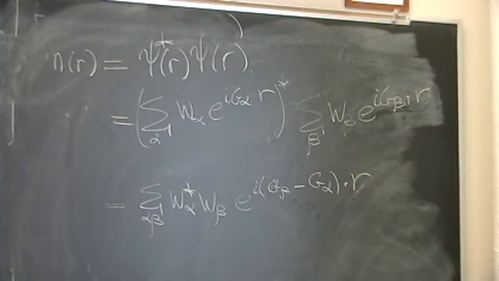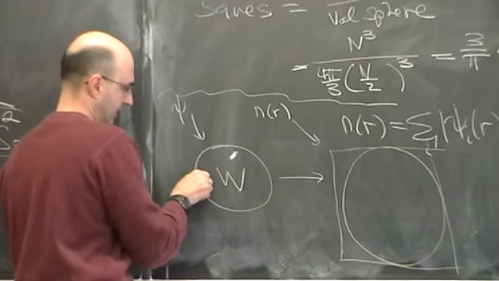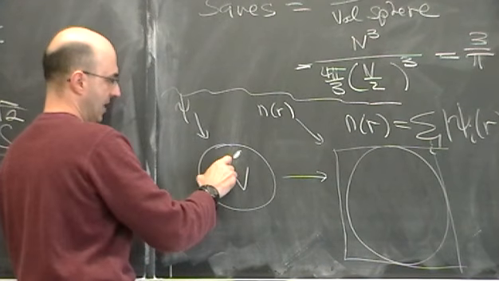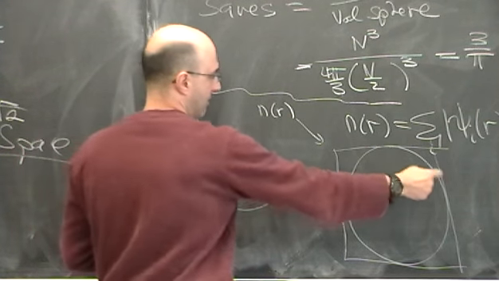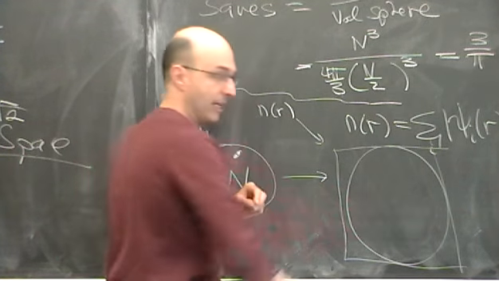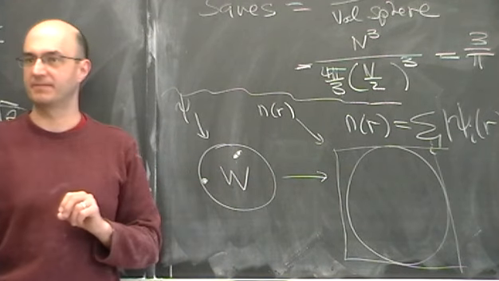I can take any two wave vectors from within my wave function's expansion, and the difference between them will correspond to some wave in the density's expansion. So this sphere is how related to that one?